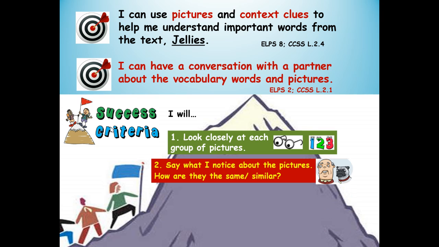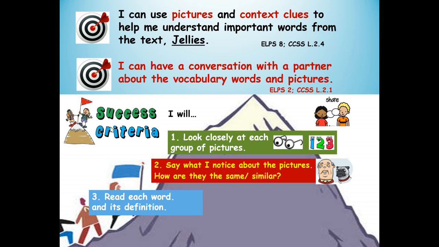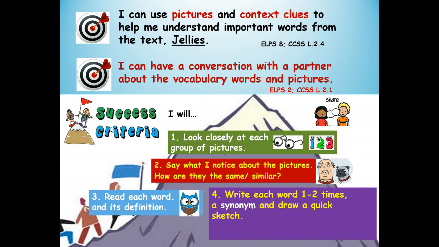How are they the same or similar? Number 3, read each definition and read each word and its definition. And then 4, write each word 1 to 2 times, a synonym, and then draw a quick picture or sketch.